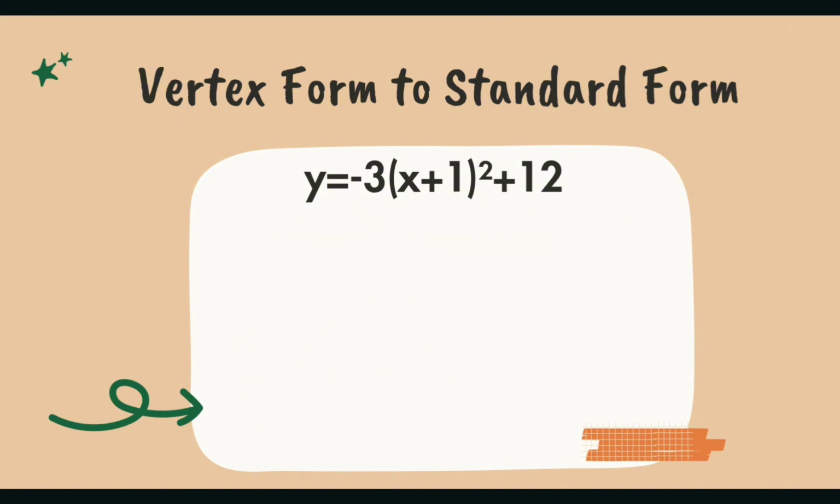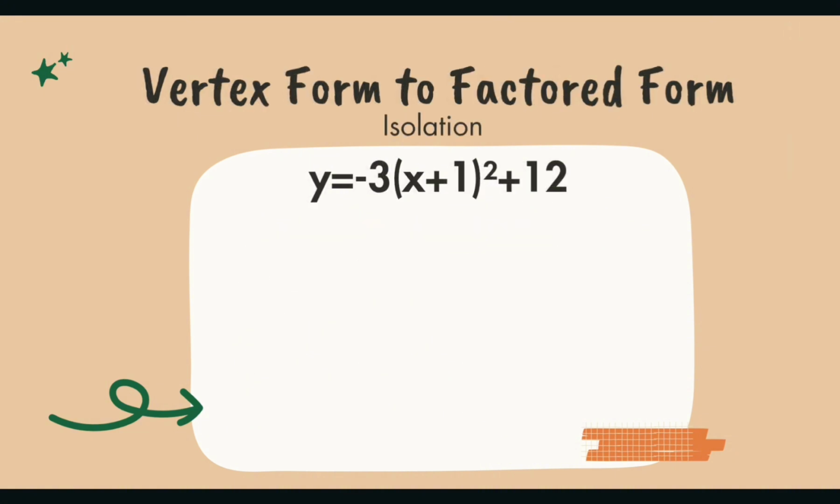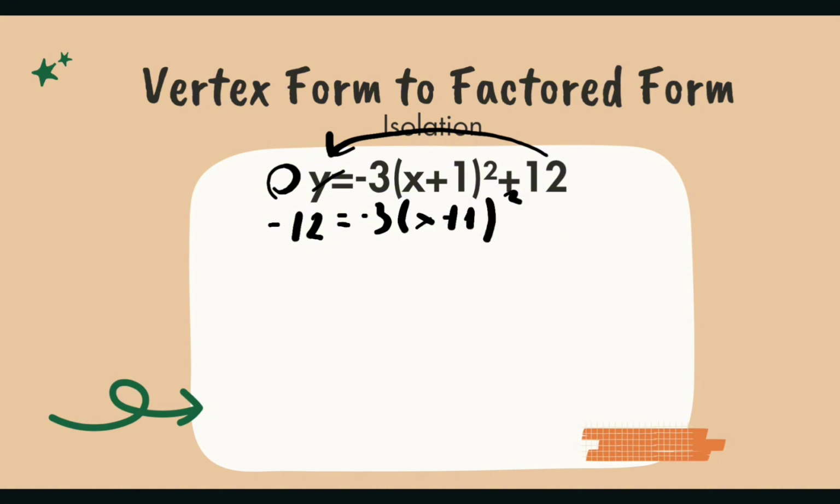Now let's move on to our final conversion. When we are converting from vertex form to factored form, we need to isolate the values. First, we will write 0 for y and transfer 12 to the other side. Minus 12 equals minus 3(x plus 1) squared.